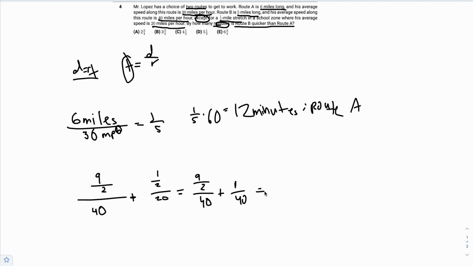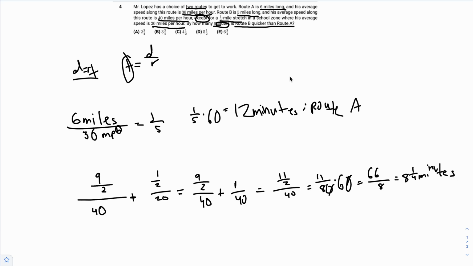And this is 11 over 2 over 40, which is just 11 over 80. Now we multiply this by 60 to convert into minutes, and we get 66 over 8, which simplifies to 8 1/4 minutes.